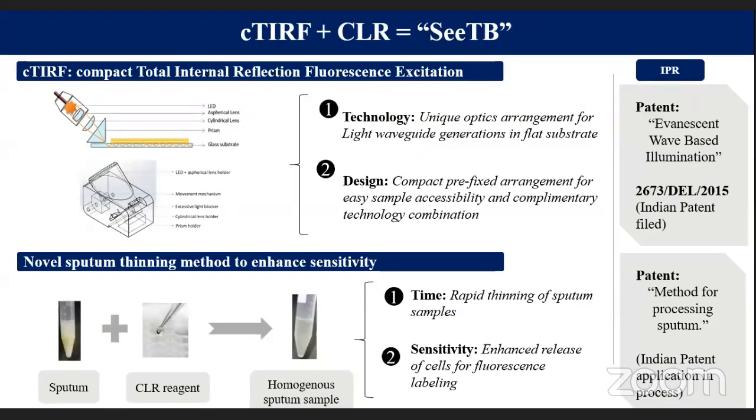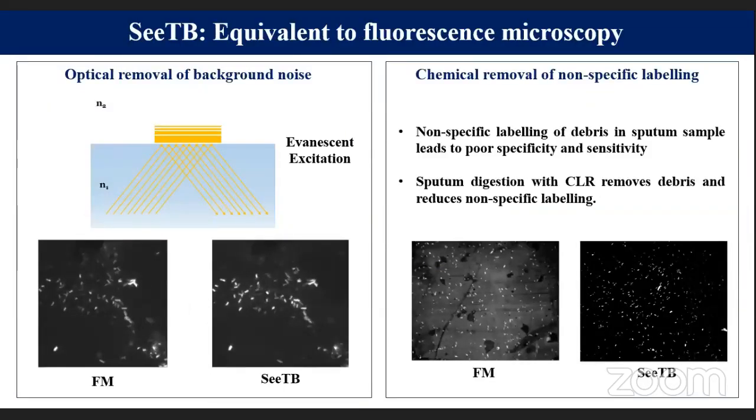With the help of these two technologies and our compact design, we thought that we would be able to make a dent in terms of getting the observation done. I'm coming directly to the results.